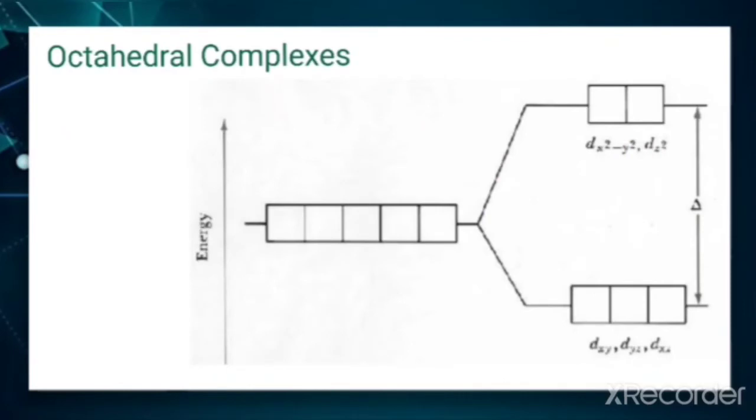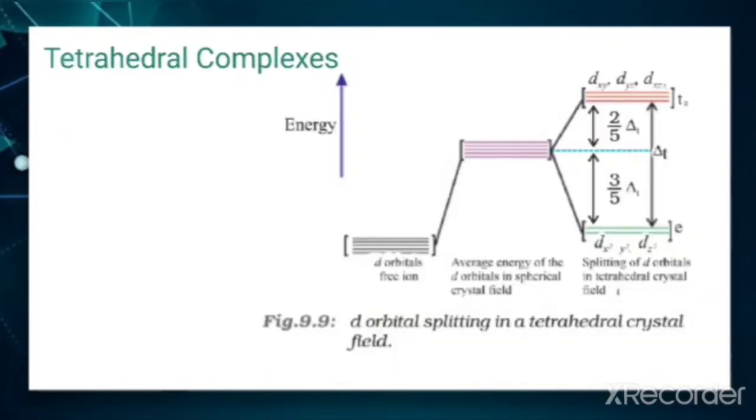Now let us take the case of a tetrahedral complex. In the case of a tetrahedral complex, here also there is a degeneracy for the central metal ion which gets disturbed due to the effect of ligands. Here also splitting takes place.